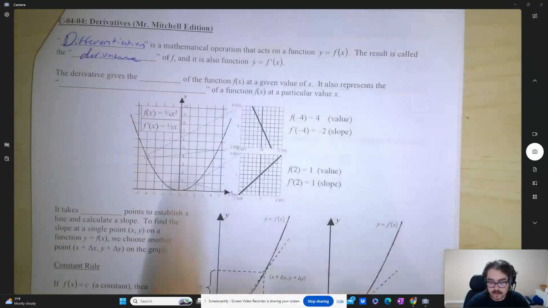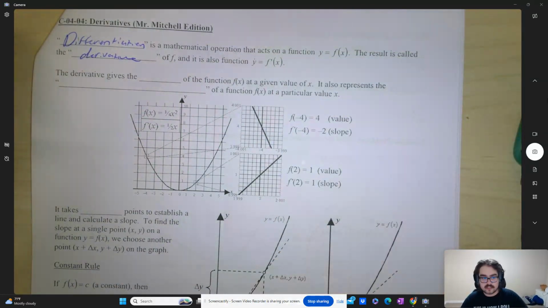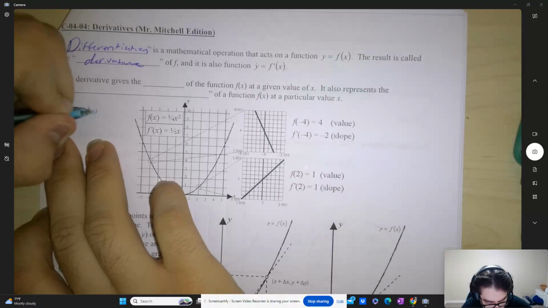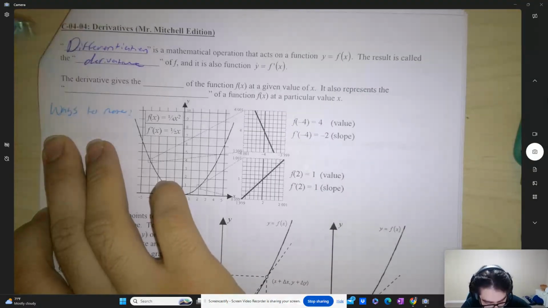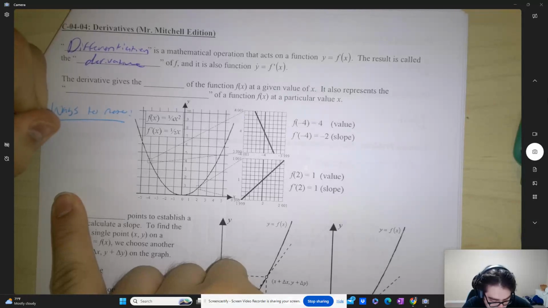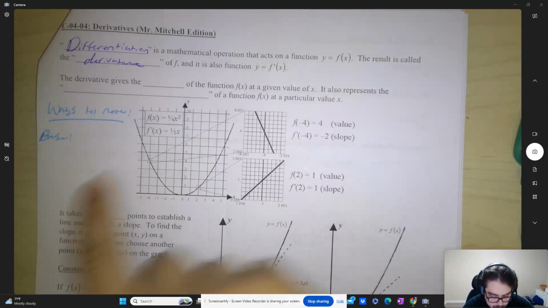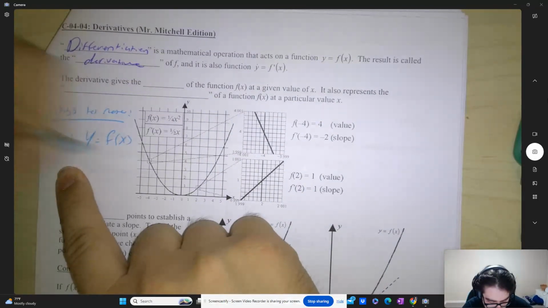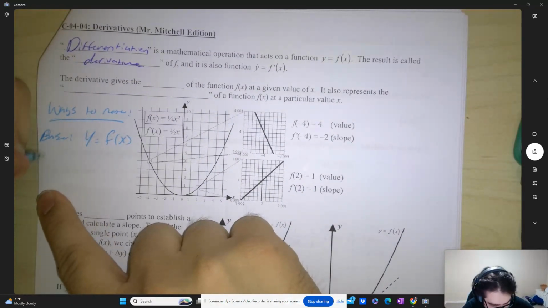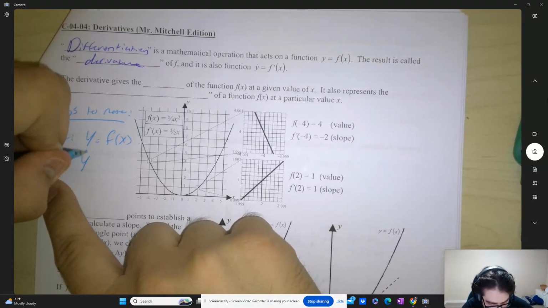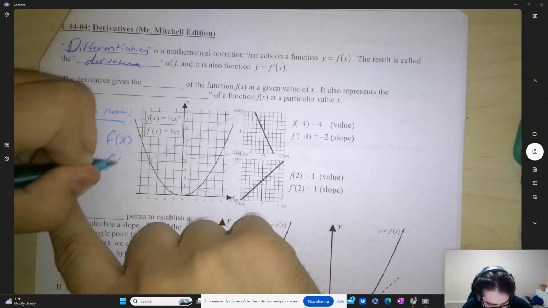I do really quickly want to make a note on the notation that we use in AP Physics. There are two ways to notate derivatives. The base function is usually y equals f of x, and the derivative would be y with a dot over it equals f prime of x.